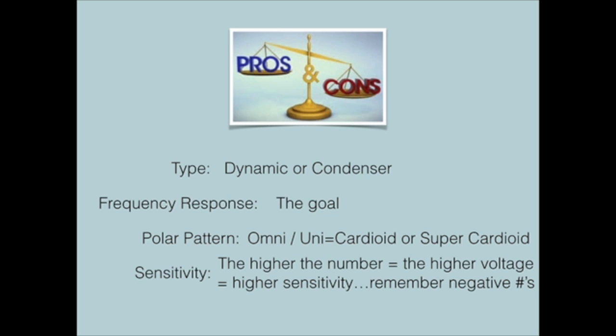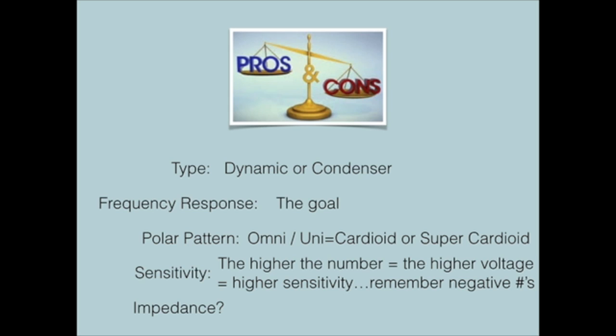So if you're recording a vocal in a vocal booth in a highly controlled environment, you might want a condenser microphone with a cardioid pattern with a high sensitivity. And you would get the full range of the voice. You'd hear all the different frequency responses. If you're working with a patient in a room, you probably want to use a dynamic unidirectional microphone. And if you're trying to record a choir or an orchestra, you would probably want an omnidirectional microphone. Does that make sense?